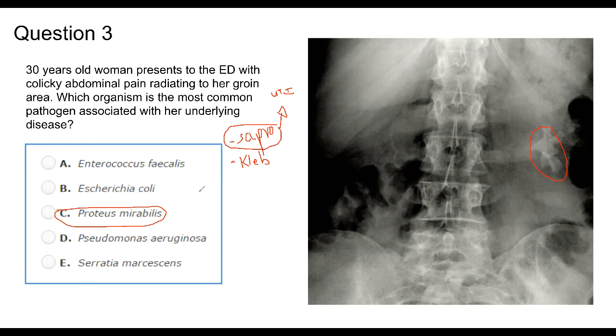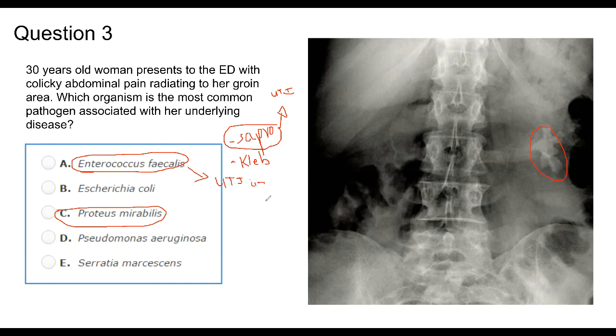And when do you see Enterococcus faecalis? It's the Streptococcus group D. So UTI, but what kind of UTI? Remember, Saprophyticus is UTI in young female.